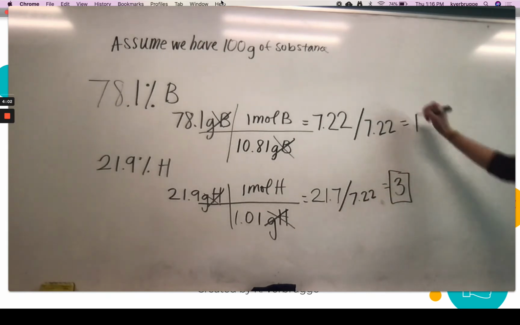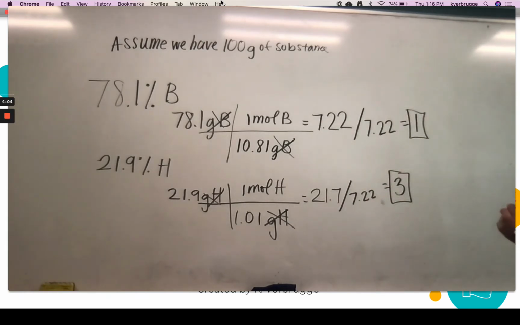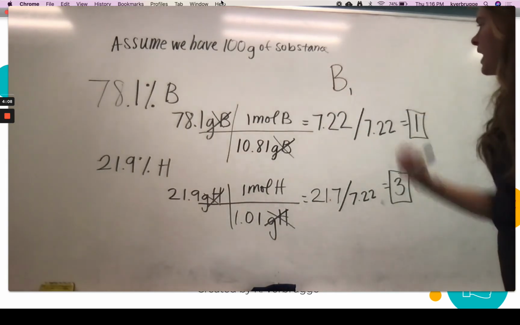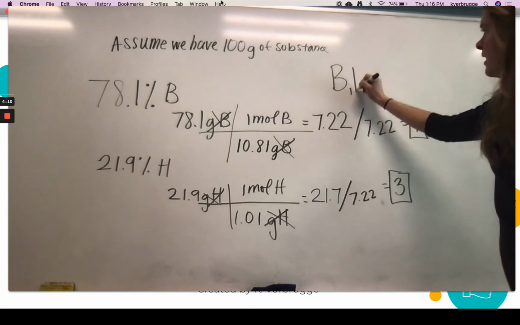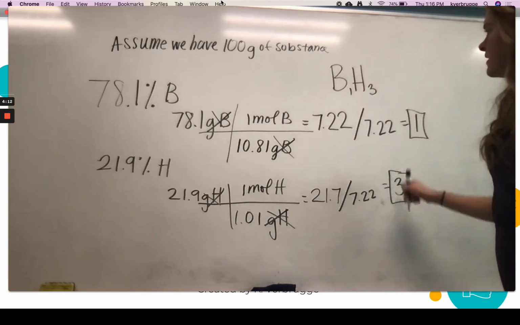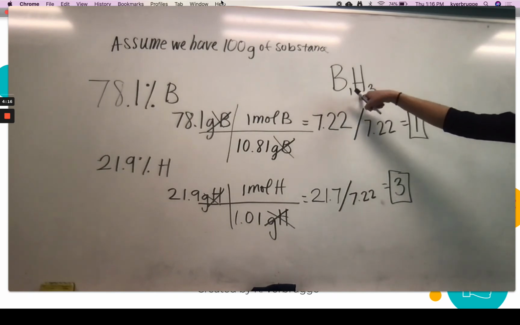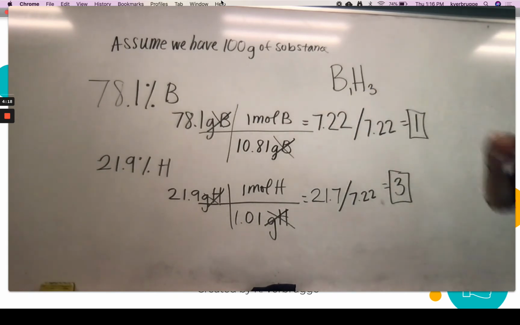These values are important. These values tell us that we have 1 copy of boron and 3 copies of hydrogen. So our formula here would be boron 1, hydrogen 3, and that's going to be our empirical formula.